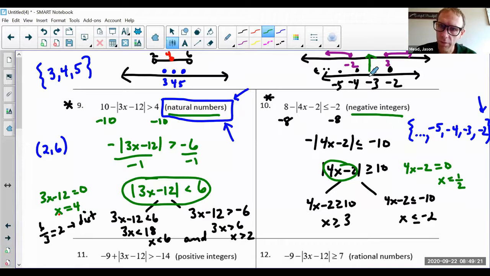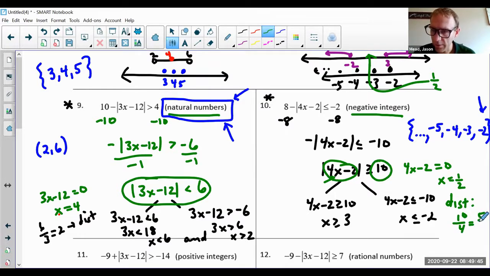Notice that 1/2 is directly in the middle of negative 2 and 3. Then my distance, or my radius, is what happens when I take 10, this number over here, divided by this number. 10 divided by 4 is 5/2. And notice if I take 1/2 plus 5/2, I get 3. And if I take 1/2 minus 5/2, I get negative 2. So that's the geometric way of doing it.